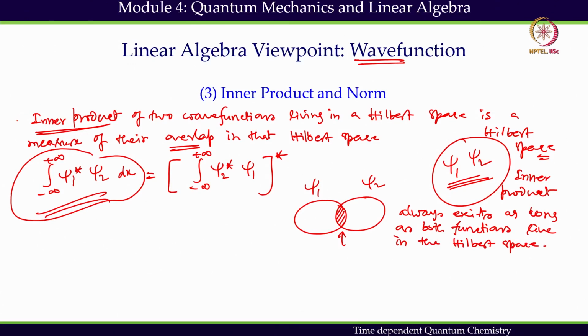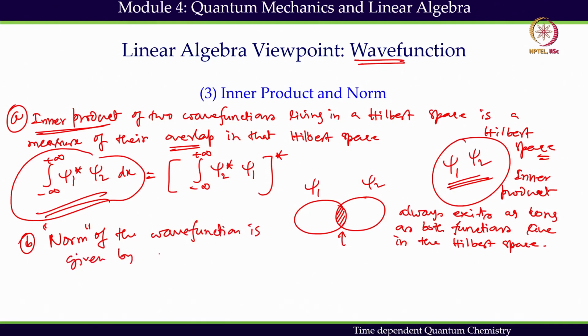This is inner product, and another property of the function is going to be the norm of the wave function, which is given by this integration from minus infinity to plus infinity of psi star psi dx, to the power half.